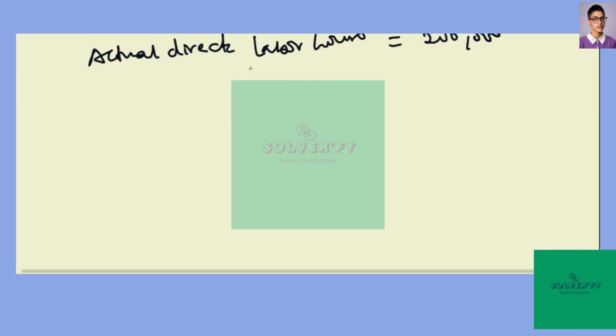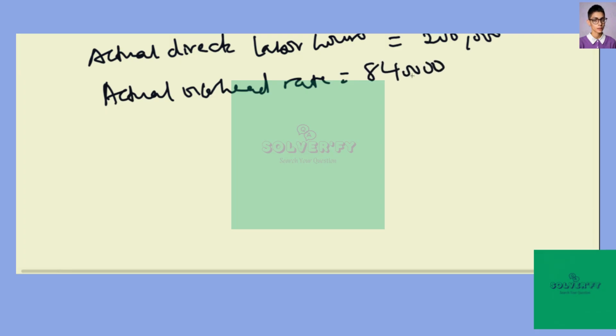So therefore the actual overhead rate will be the overhead cost over the actual labor cost drivers. So that will be 8,400,000 divided by 200,000, and that is equal to $42 per hour. So we're done with that. Now moving on to the next question.